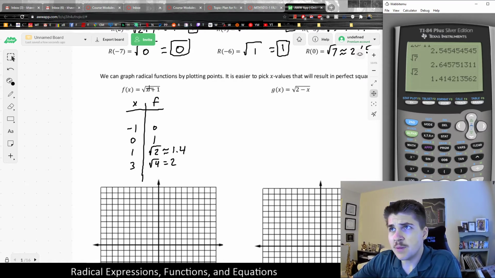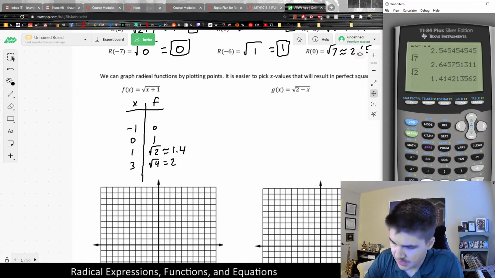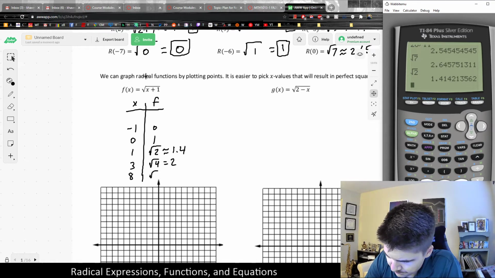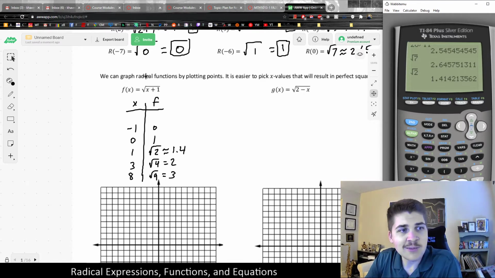So next up would be 8, because 8 plus 1 is 9, the next sequential perfect square. And that would leave me with 3. Once I have a handful of points, I can just plot them and graph them in order to get a sense of what my radical function looks like.